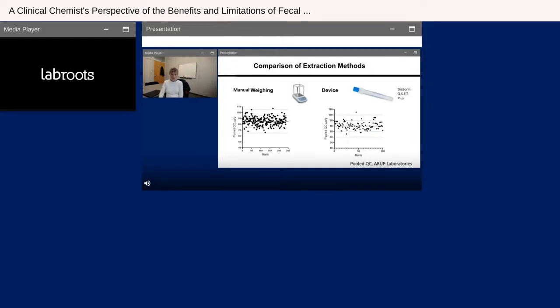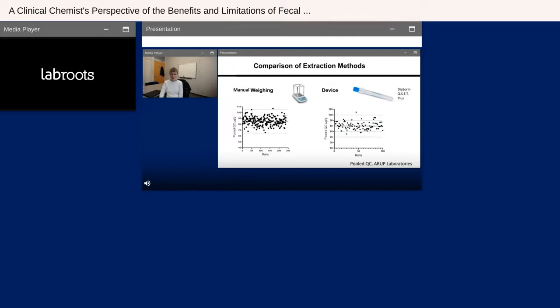And one thing that labs always wonder is how should we monitor the entire testing process for fecal calprotectin? One way that we do this in my lab is that we have a pooled stool QC, which is exactly what it sounds like. It is pooled stool that we try to target to a specific range of calprotectin, and it is well homogenized because we want to use this QC sample for both manual weighing and the device.